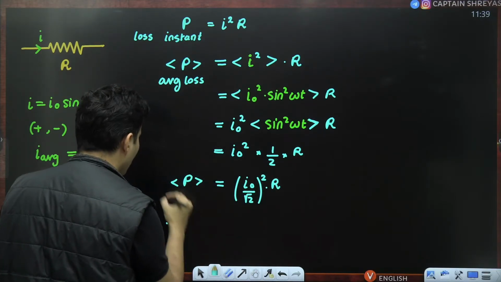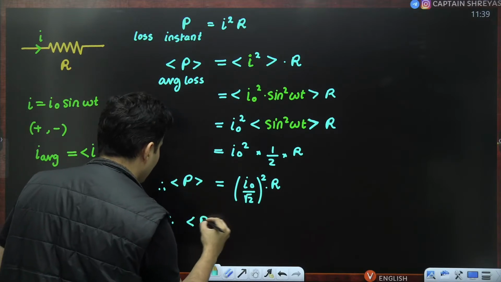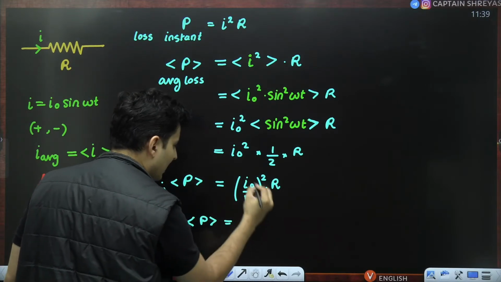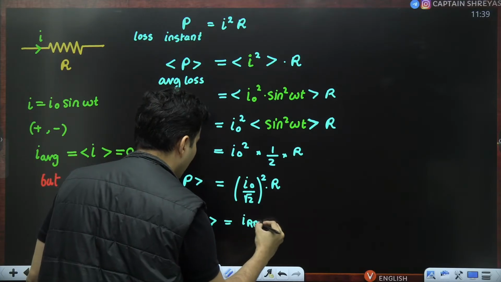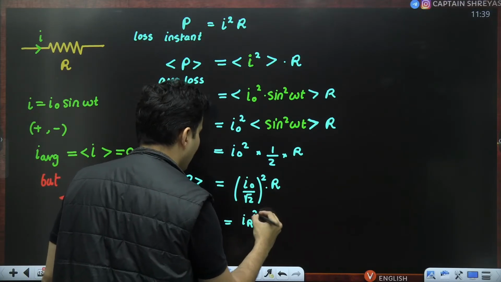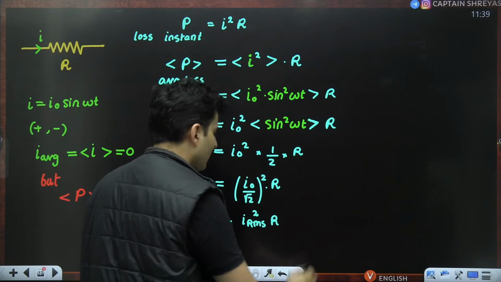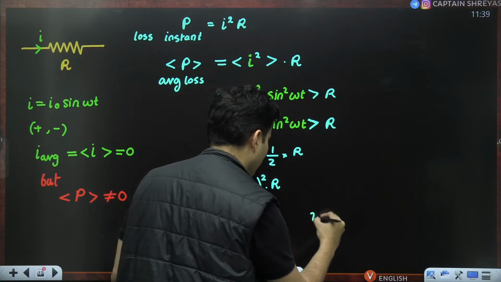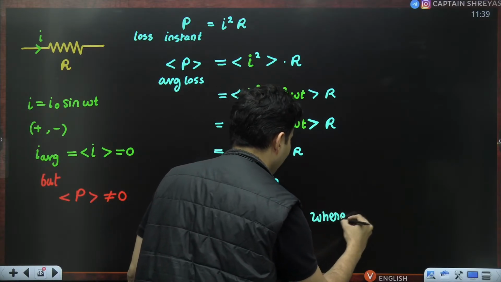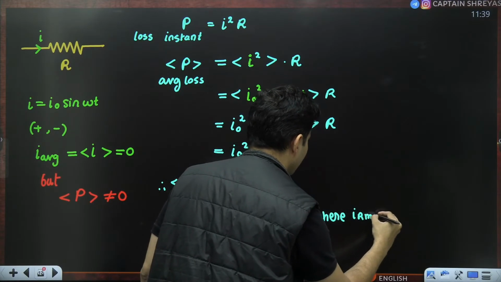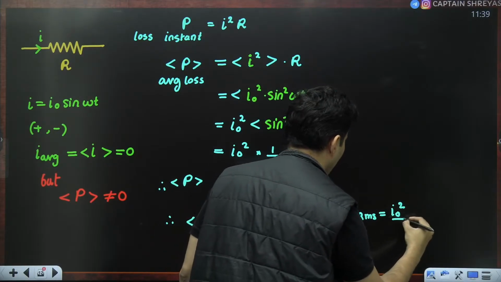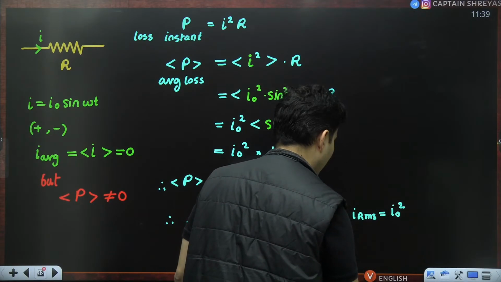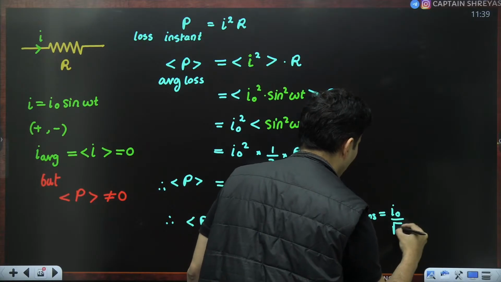So now this value I naught by root 2 is called I RMS, so I RMS square. Where I RMS, root mean square, is I naught by root 2.